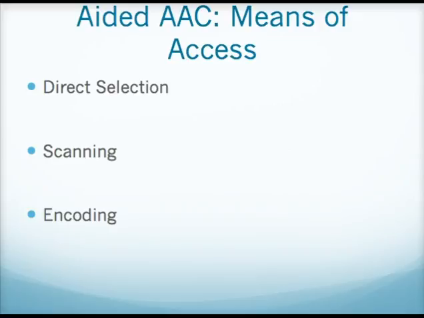The most common type of direct select is simply pointing. So sometimes students will have, let's say, a simple picture board in front of them. They'll point to what they want. Maybe it's a drink, and they've simply directly selected the item that they want. Now, keep in mind that pointing is not always just done with our fingers, right?